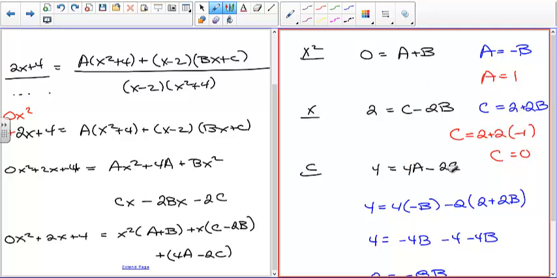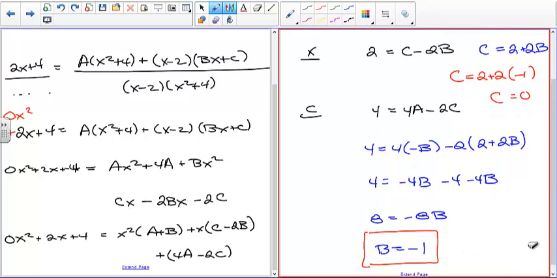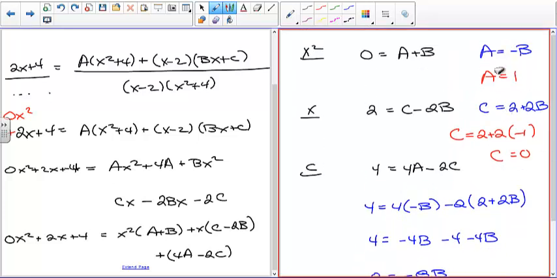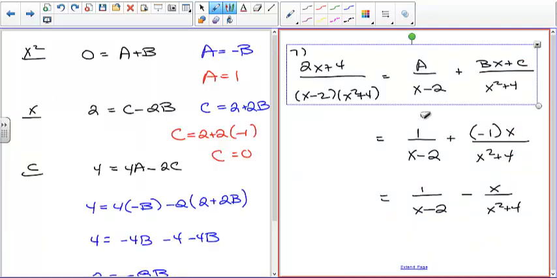When I make the substitution, it becomes just a function of b. So you solve for b, and once you have b, you go back to these two substitution equations to find a and c, and then insert those into your original partial fraction expression.